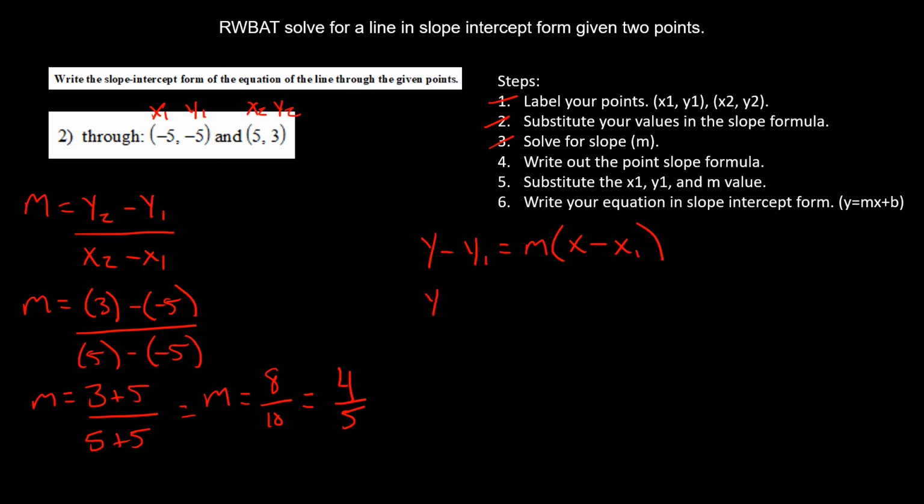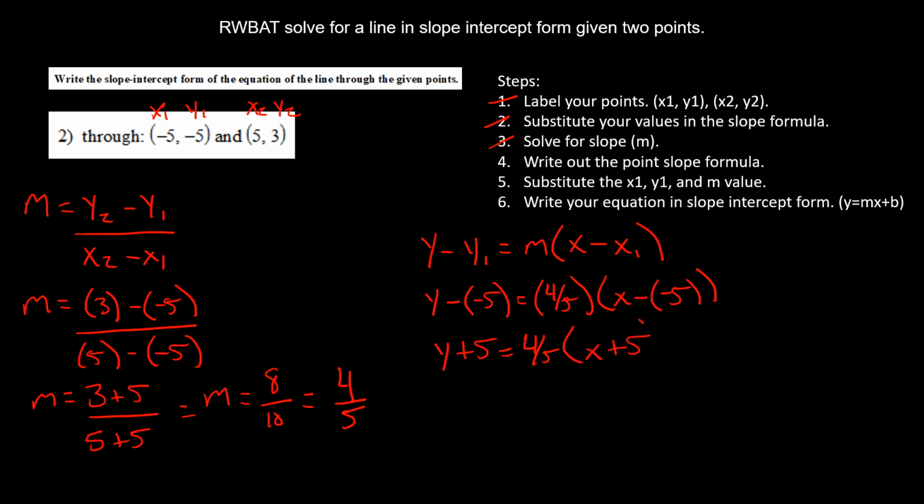So we get y minus y1 being negative 5 equals our slope 4 over 5 times x minus x1 being negative 5. Okay, so let's simplify this out. We have y minus negative becomes plus 5 equals 4 over 5 times x minus negative 5 is plus 5.